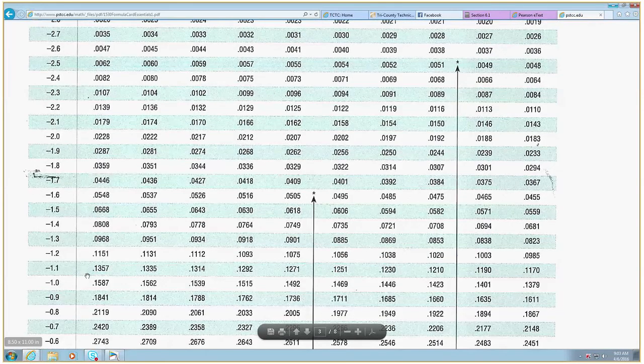Right there. All right, you don't want 1.3, you want 1.33. So the first column is 0. This is 1.30 right here. 1.31, 1.32, 1.33. So that's your area. That help?